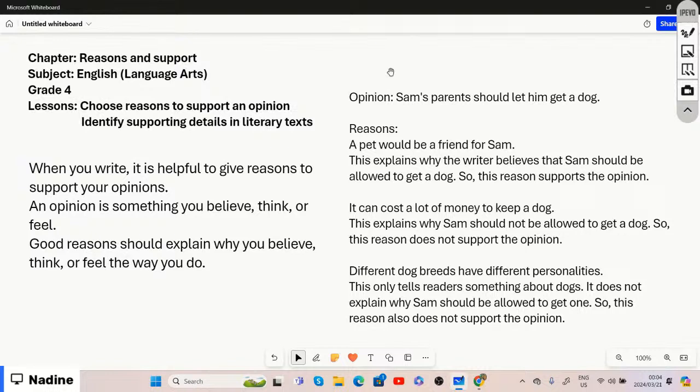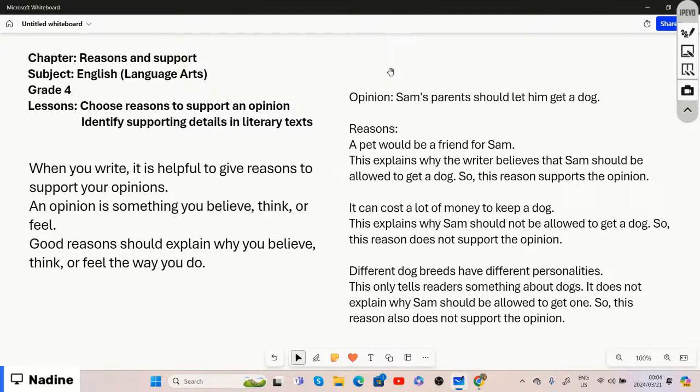And in our previous lesson, we did opinions, right? So this is basically going to be a lesson that continues on the lesson on opinions. We said opinions are basically your belief, what you feel, what you think about something.